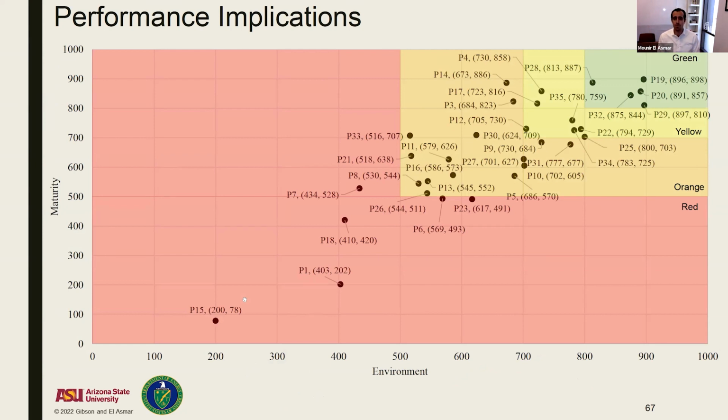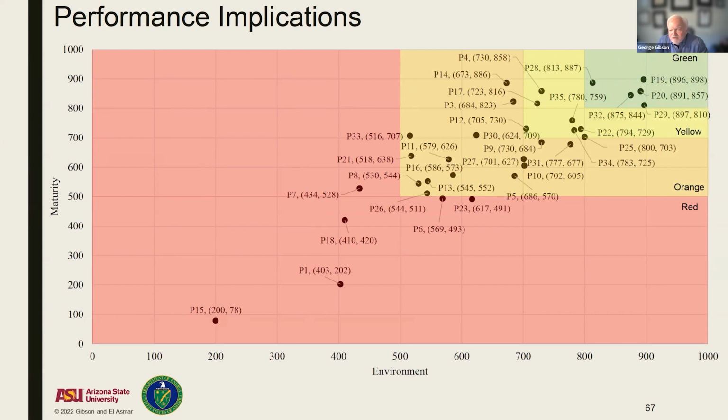These thresholds and colors are representative of statistically significant performance differences that we indeed found when we analyzed these 35 projects. In parentheses are the two scores that make up the project. For instance, you see P6 there in the red zone, 569 environment score and 493 on the maturity score. So that's really what you're seeing.